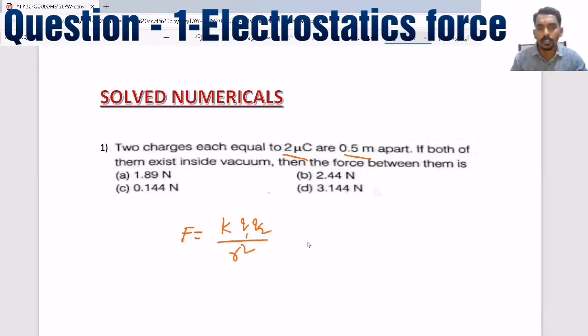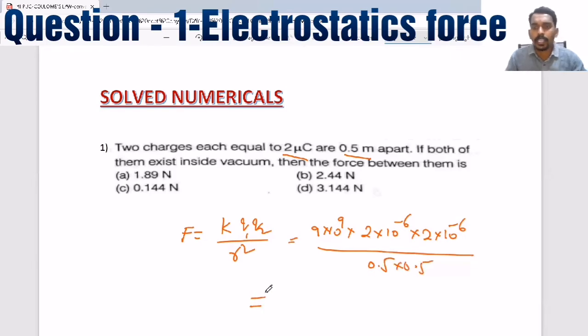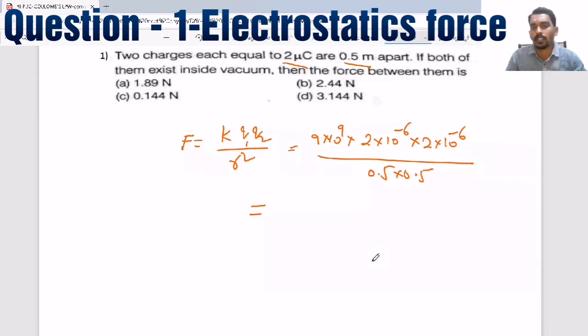So the K value is 9 into 10 power 9, and conversion of unit is important here. 2 microcoulomb is 10 power minus 6. So 2 into 10 power minus 6 divided by 0.5 meter, so 0.5 into 0.5.